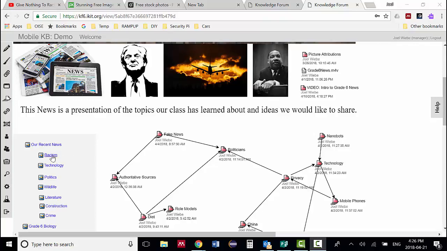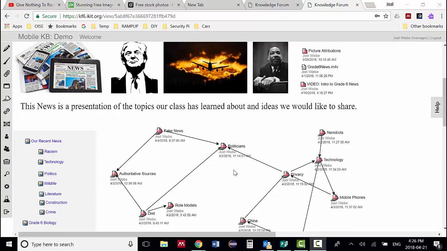Or maybe they've been talking about racism or technology, politics, wildlife, literature, construction, crime, maybe even other subjects. You can create links to different spaces, so discussions can take place in different views. That way you're not overwhelming a single page with all this information, but you've nicely organized it. So if you want to look at something relating to a certain topic, you know where to go.